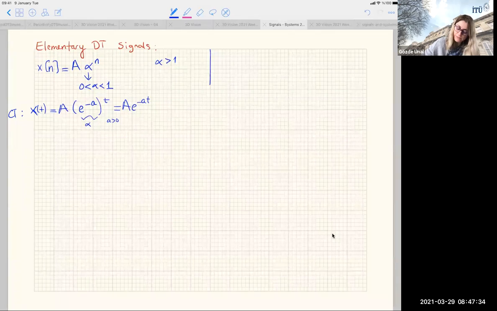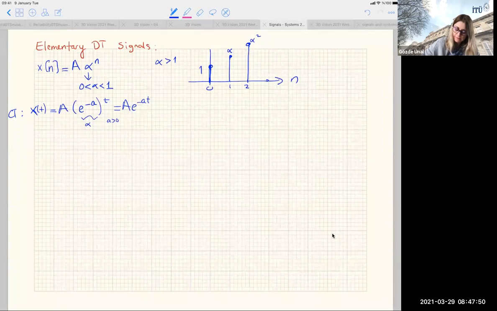Alpha greater than 1, I can just say it's a growing exponential, right? So for instance, it is 1 and whatever alpha is, alpha squared, etc. It continues this way. It could be 0 on the other hand.